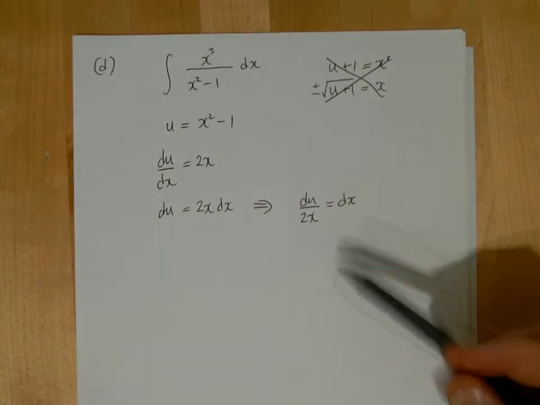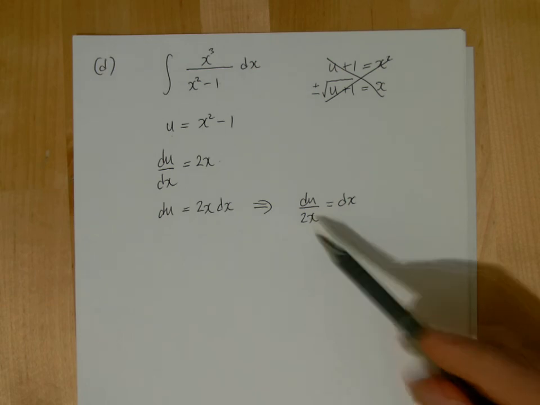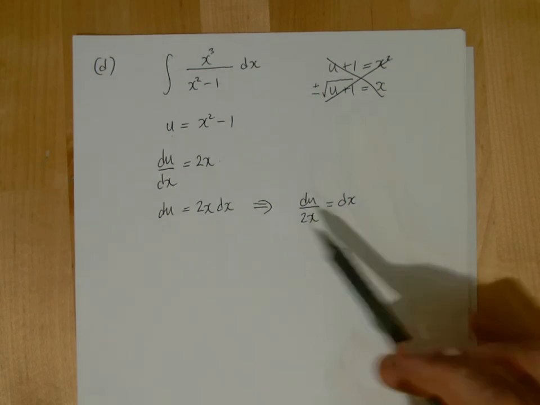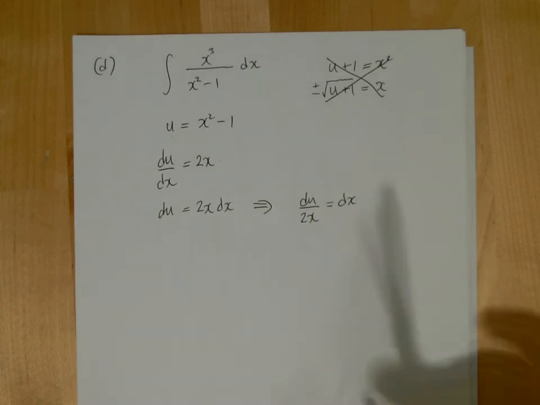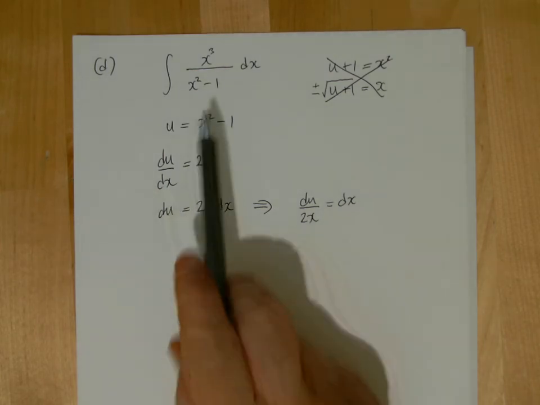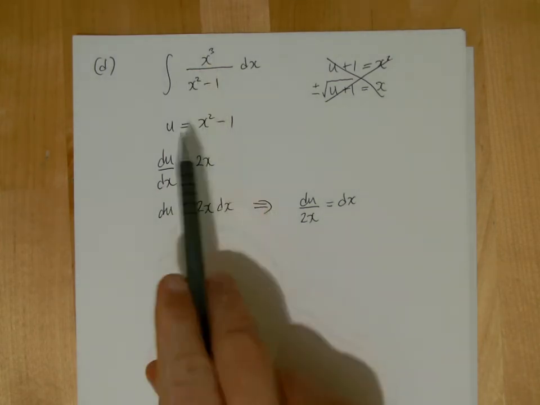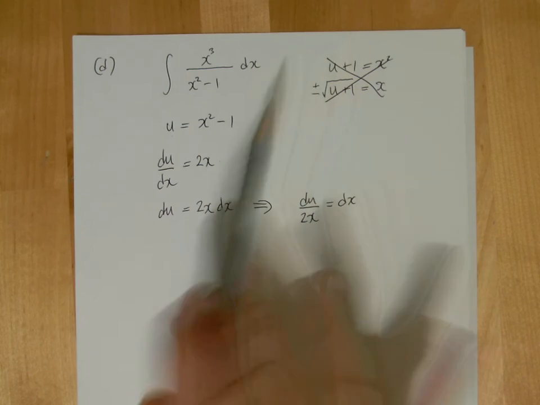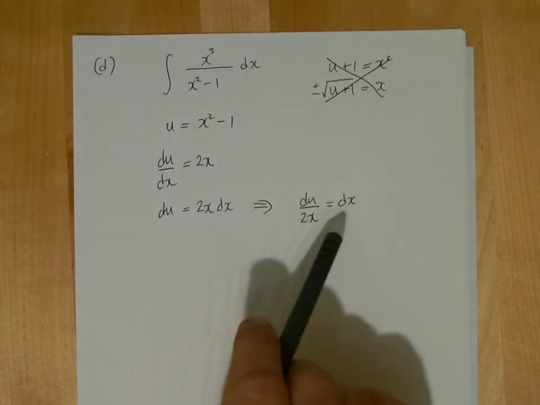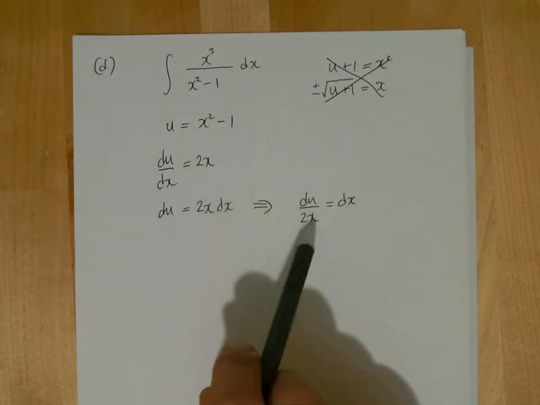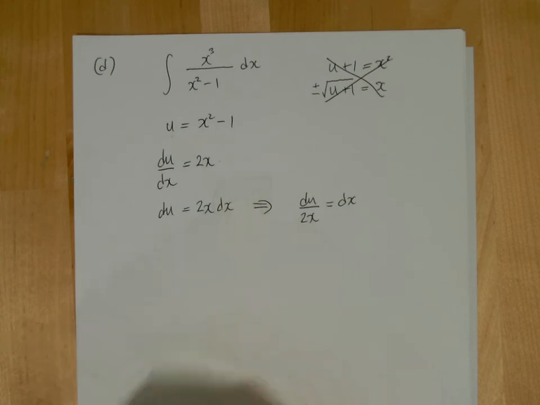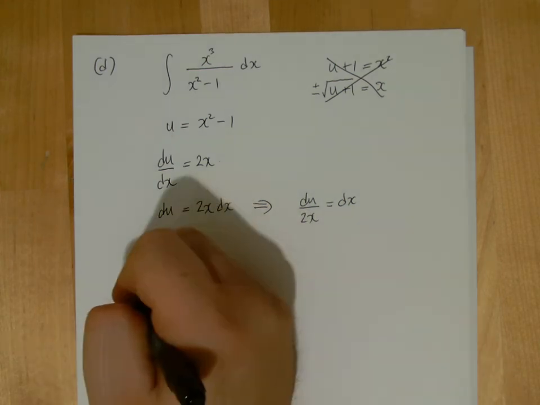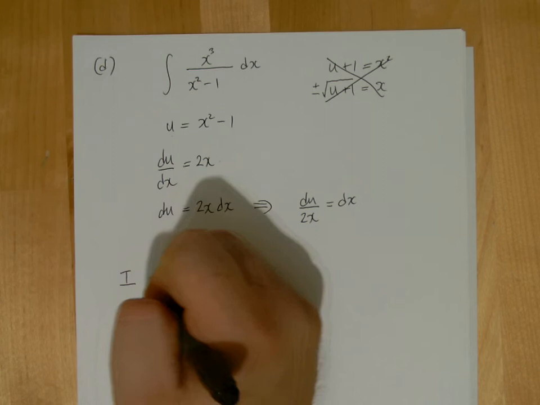Again, you might be starting to get a bit worried because there's an x here. It's like, how on earth are you meant to deal with this? But you just go with it. So we couldn't really work out what x cubed was from here because we got into a mess. We could work out what dx is, but it's involving x. Let's just go for the integral now. Let's just go for the substitution. Let's do what we can, right?